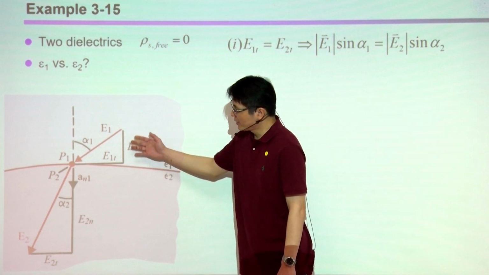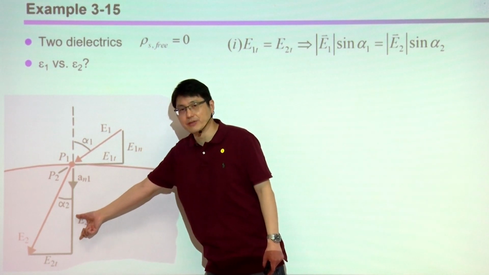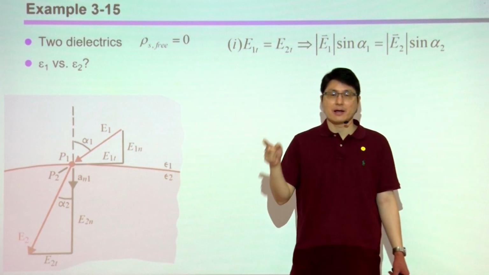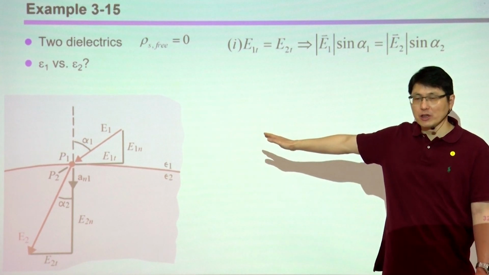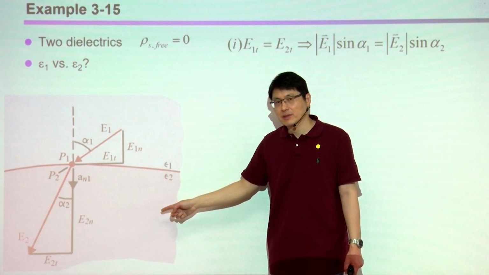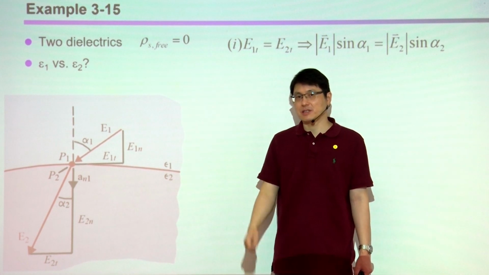Now, before we calculate the normal part, this is known, but this is unknown. If the picture is drawn this way, I want you to think, just by looking at the picture, which material has a higher absolute permittivity?